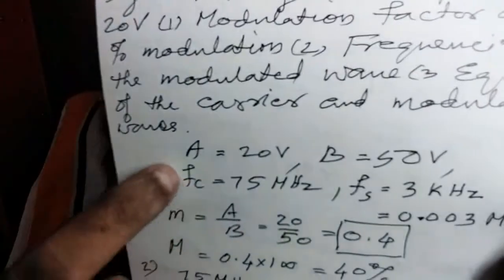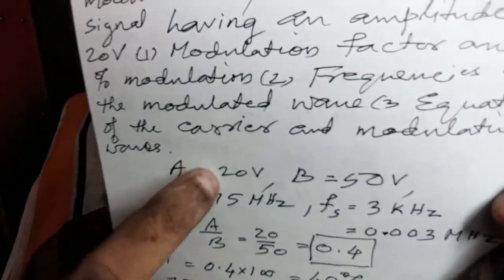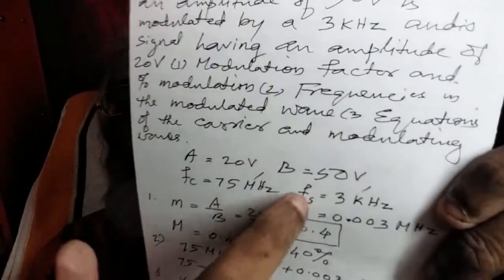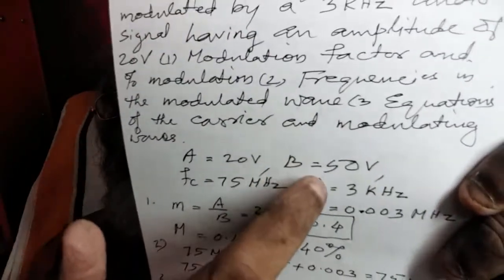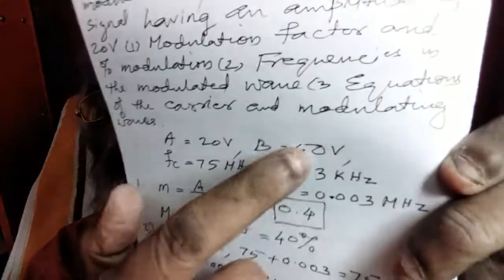Find the modulation factor and percentage modulation. 2. Frequencies in the modulated wave. 3. Equations of the carrier and modulating waves. Now here, the amplitude of the audio signal wave is 20 volts. These are given. Amplitude of the carrier is 50 volts.